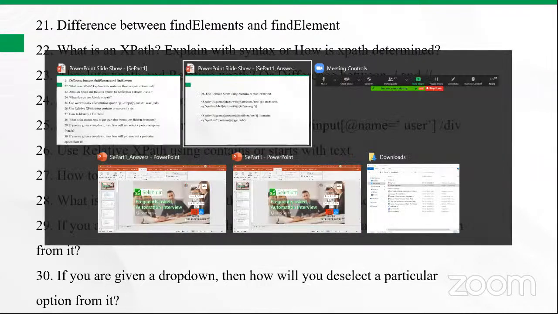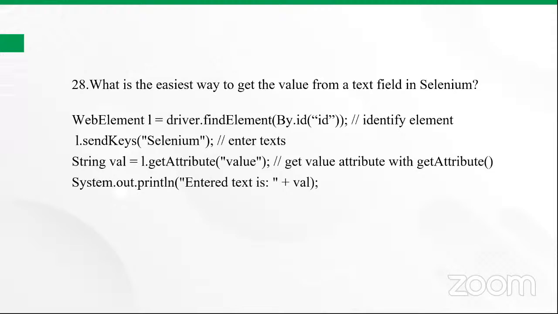Once you enter the value, a value attribute will be generated, and it will have the value that you have entered. For that, you use the get attribute, and then you give the attribute name. If we use this method, we'll get the value that we have entered in the text.